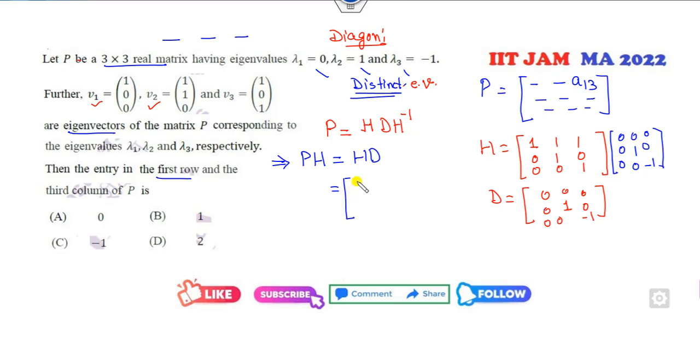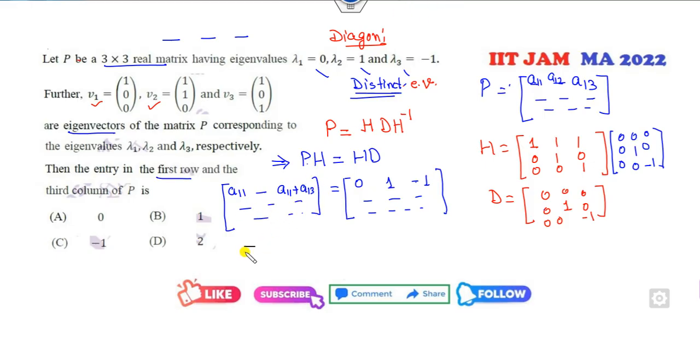So what is that? First value will be my 0. I need a third value only. Okay, so 0, minus 1. Second value will be my 1. Whatever the others are, because we need only this. What is the P into H? If P is my A11, A12, if I multiply this by H, first column, first value, A11, second number, A11 plus A13, and whatever else is there.